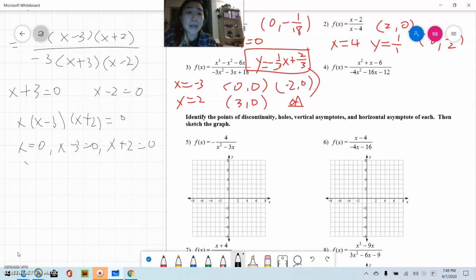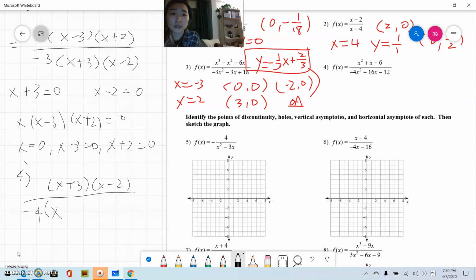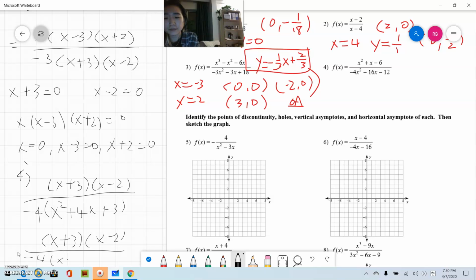Okay. Number 4, let's start with factoring as usual. x plus 3, x minus 2 on top. And then the bottom, I need to factor out the GCF first. And then I need to further factor the denominator.